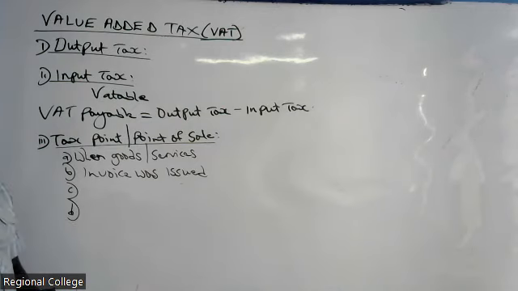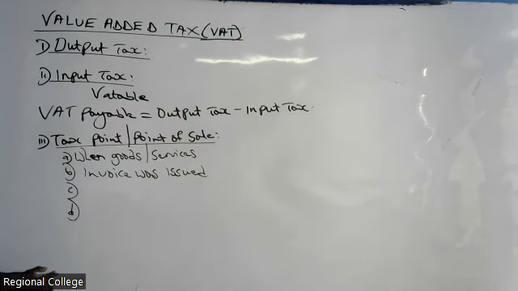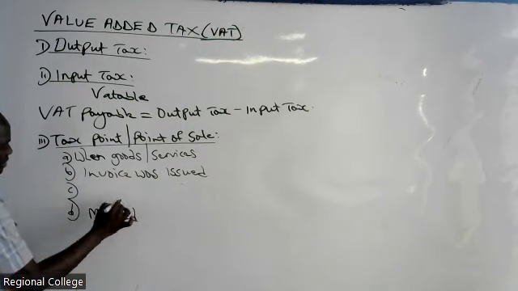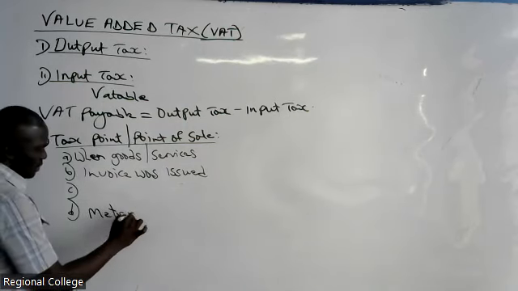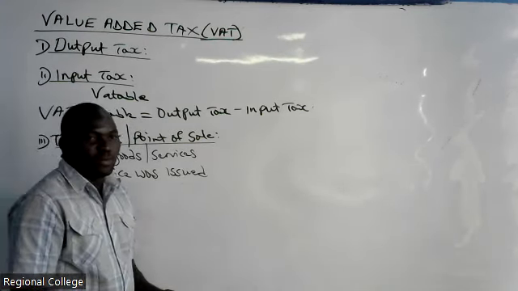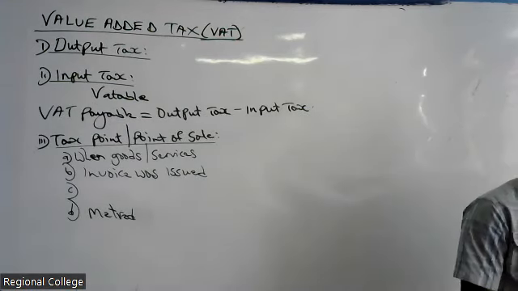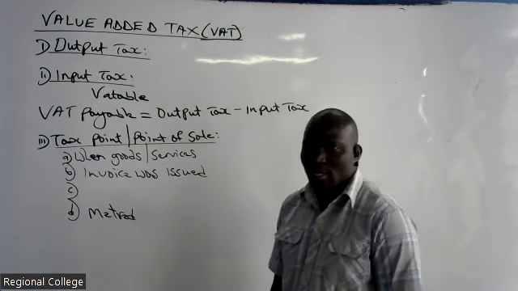Then number D, in case of metered supplies, ni kama gani? Kama maji ndio, stima pia.